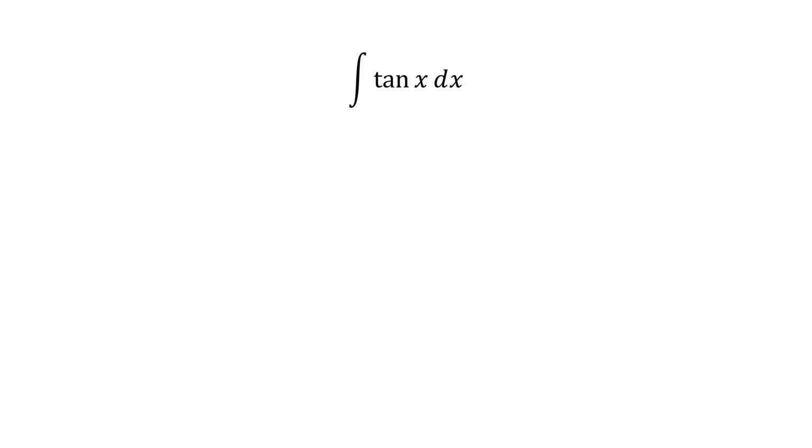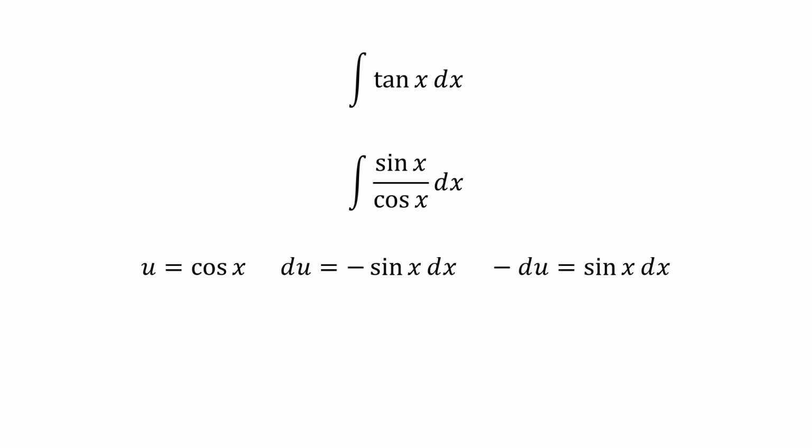Next, we evaluate the integral of tangent of x dx. Using the quotient identity gives the integral of sine of x over cosine of x dx. Now we let u equals cosine of x.